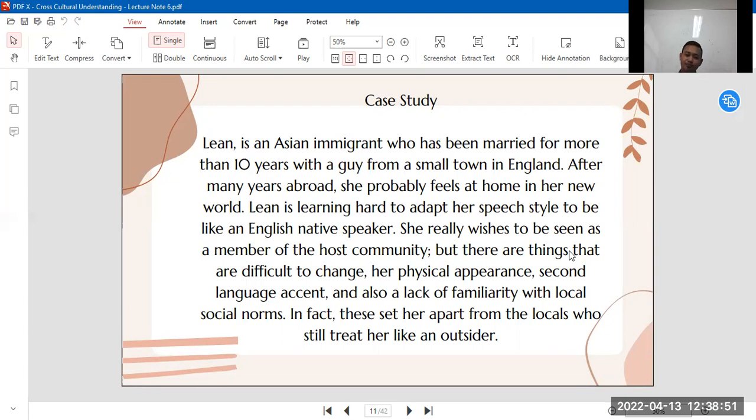So that's why local people still treat her like an outsider. Yeah, because this is the ascribed identity given by the locals or others.